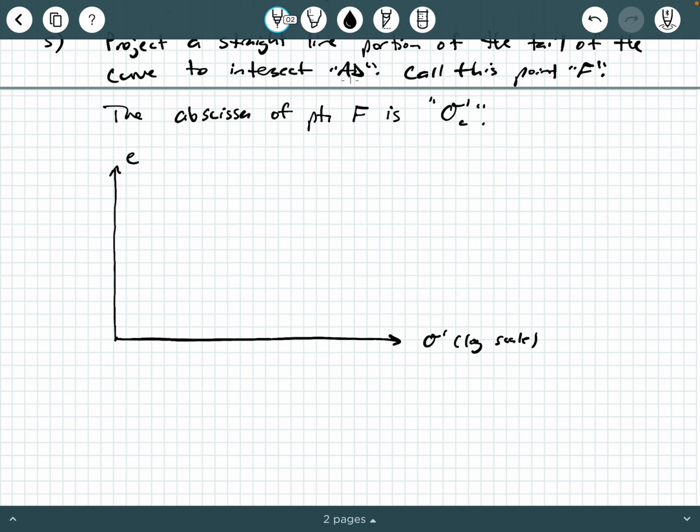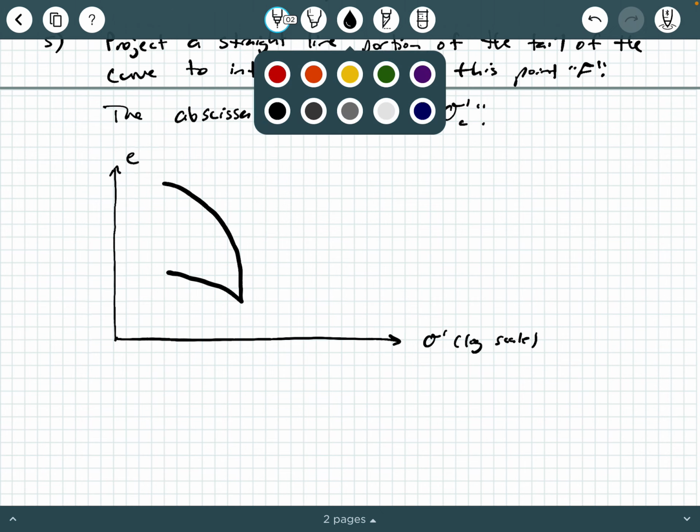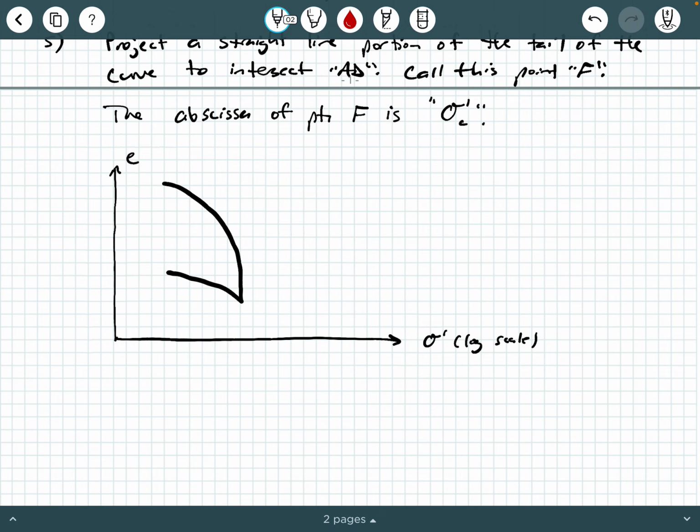Not my best artwork. Okay, that's okay, I guess. So on the loading curve, step one, identify a point A where we have a minimum radius of curvature, so it's most curvy. It's going to be somewhere in this general area right here, point A, okay?